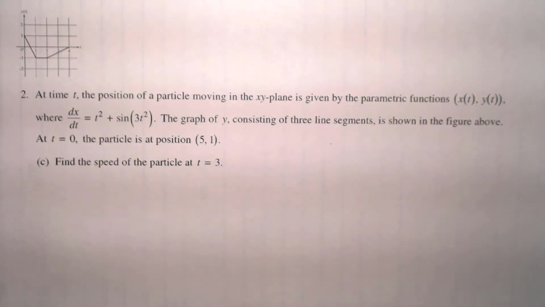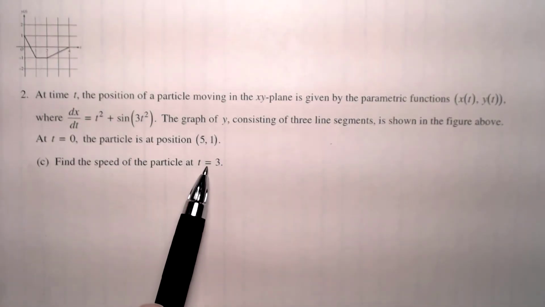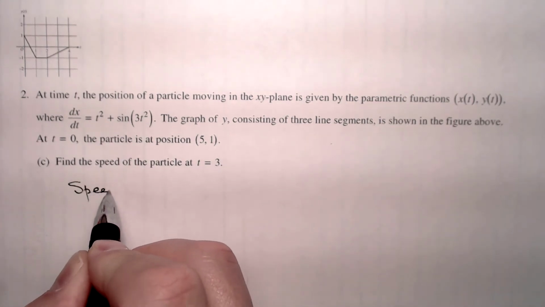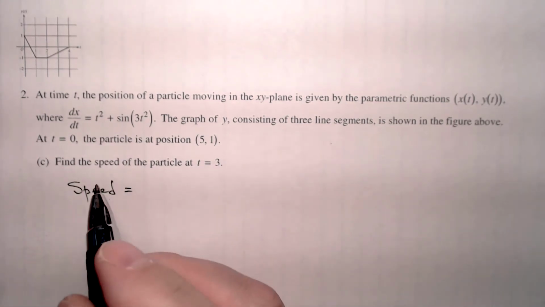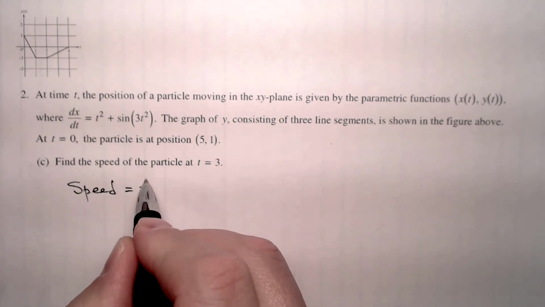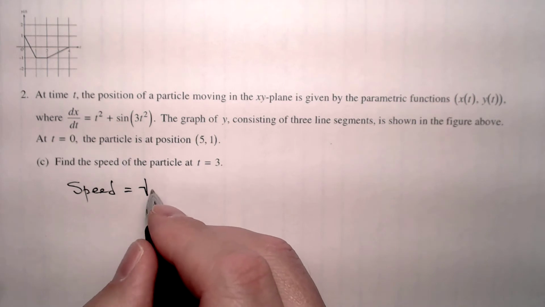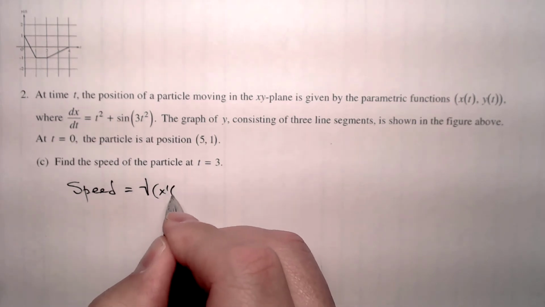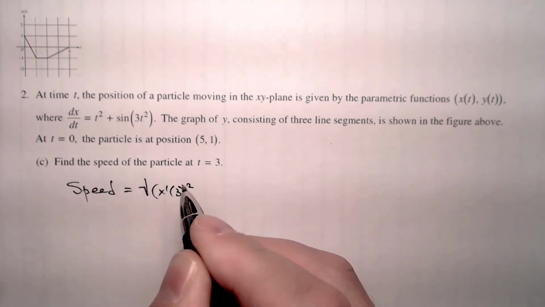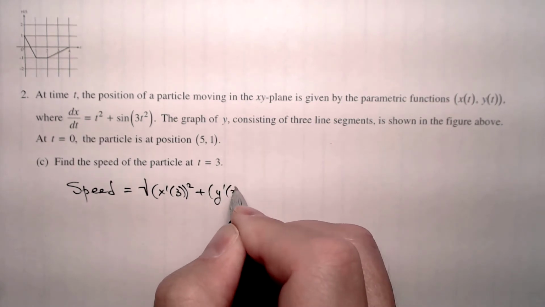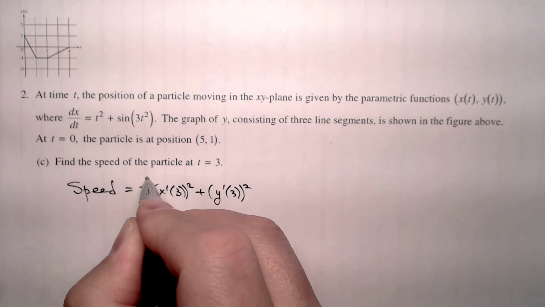In this question we are being asked to find the speed of the particle at time t equals 3. And so speed is equal to, by Pythagorean theorem, the square root of the velocity in one direction, so x prime at point 3 squared, plus velocity in the other direction squared.